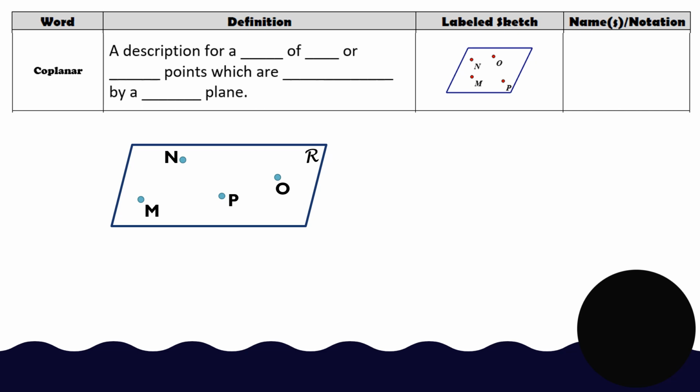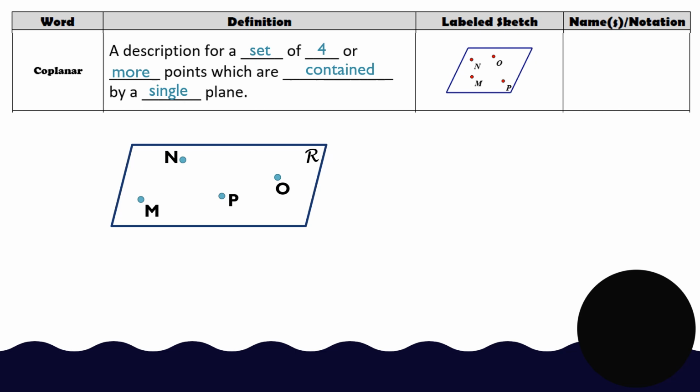And then the last two are coplanar and not coplanar. So they're kind of opposites of each other here. So coplanar is a description for a set of 4 or more points which are contained, seems very similar to collinear, contained by a single plane. And then non-coplanar is going to seem very similar to this as well.